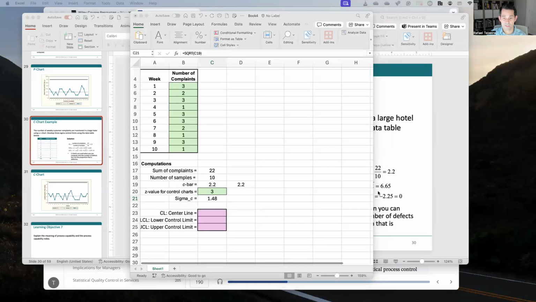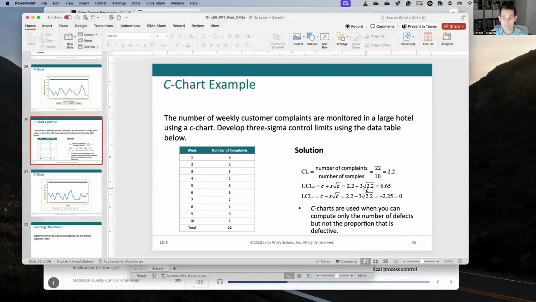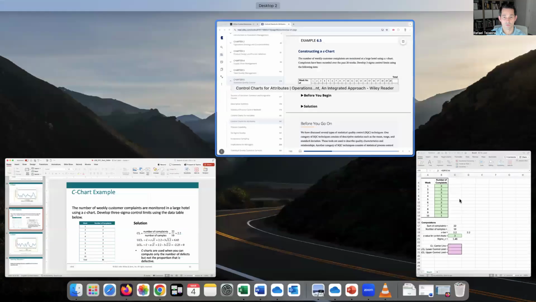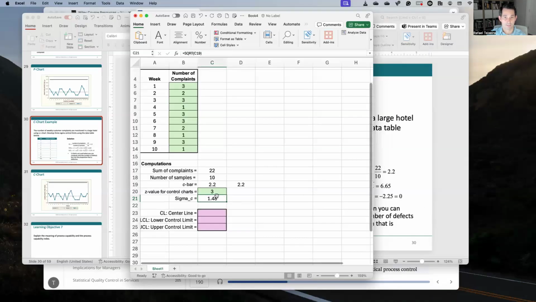Okay, my mistake, it's 2.2. That's the C bar, which turns into 1.48. That's the standard deviation. Now, what is the center line? The center line is simply the average number of complaints per week.